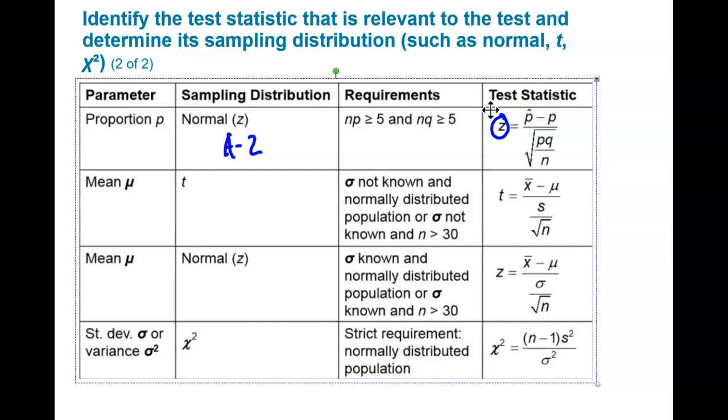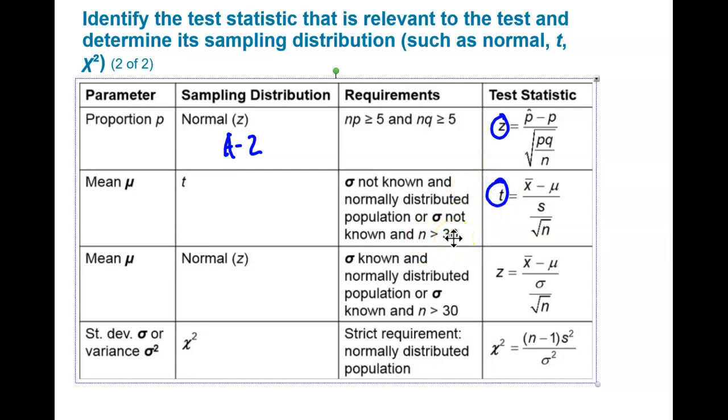When we test the claim about population mean, we use the T distribution. The requirement is that sigma is not known and the population is normally distributed, or sigma is not known and the sample size is greater than 30. Then we use the T statistic.